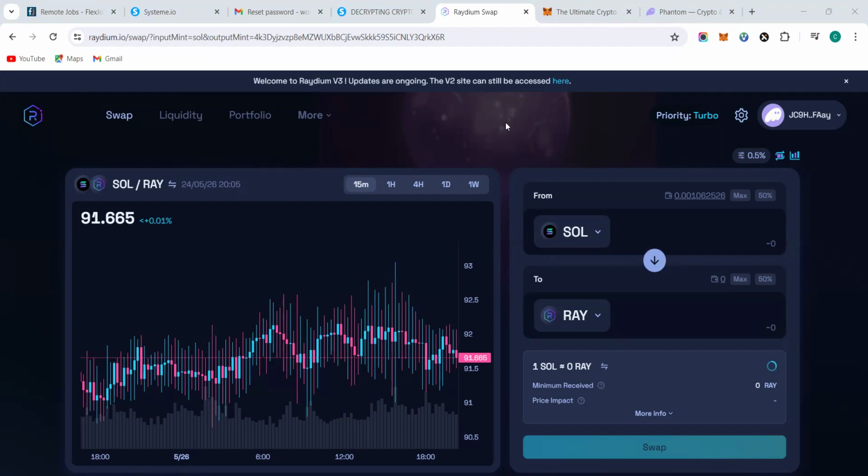Once you're done with that, you're going to have to swap that USDT into what we call a native cryptocurrency. Every blockchain has a native cryptocurrency. On the Solana blockchain, the native cryptocurrency is Solana. On the Ethereum blockchain, it is ETH.